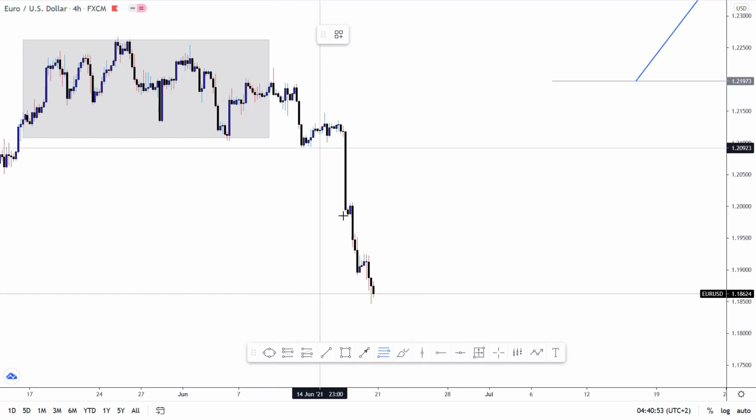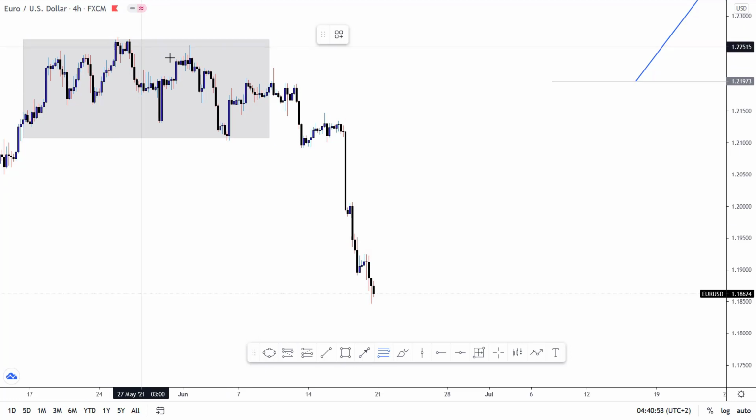Since we are in a downtrend situation, I notice here that we failed to trade above this high. So the market is making lower lows. Price is moving lower, making lower lows and lower highs. So I identified that, and I want to take an opportunity after this impulsive move breaks out of our consolidation.